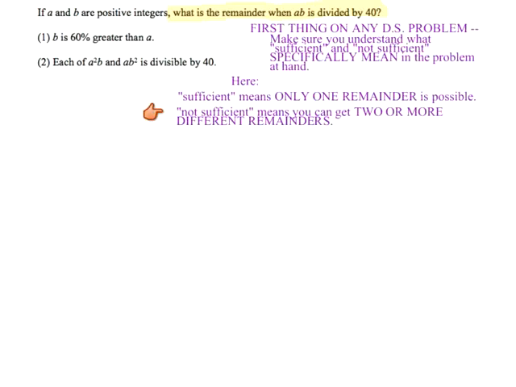Okay, well, one thing you can do as a primary method on data sufficiency is pick numbers. Praveen says that too. Let's try that.